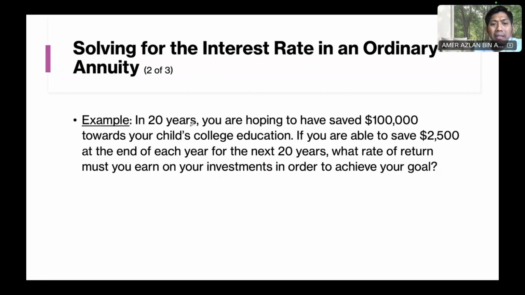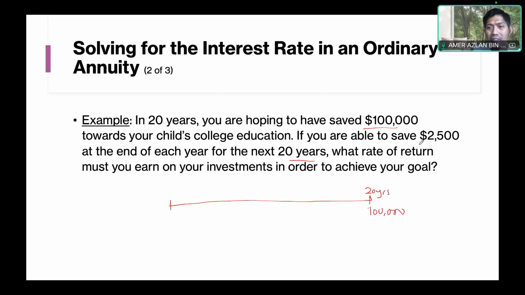For example, in 20 years, you are hoping to have saved 100,000 towards your child's college education. If you are able to save 2,500 at the end of each year for the next 20 years, what rate of return must you earn on your investments in order to achieve your goal? So if you draw a timeline, in 20 years, you hope to have saved $100,000 for your child's education.